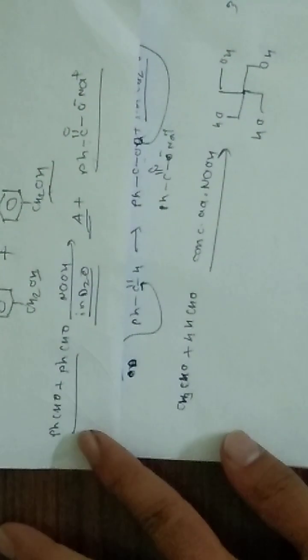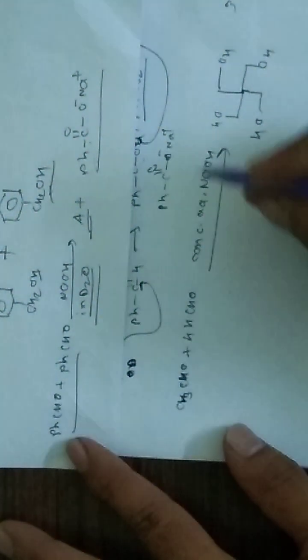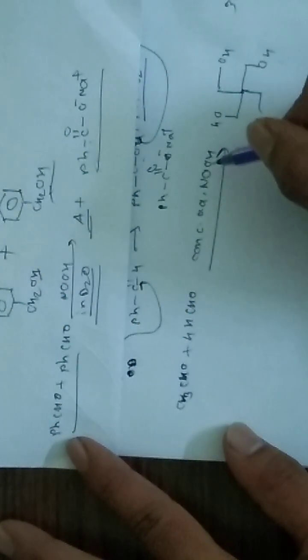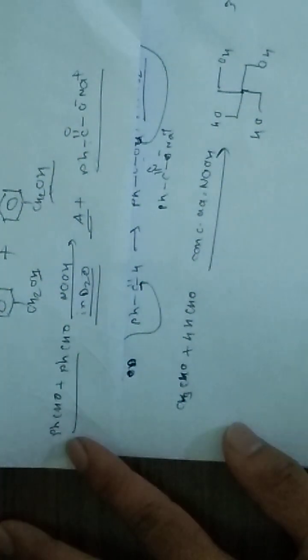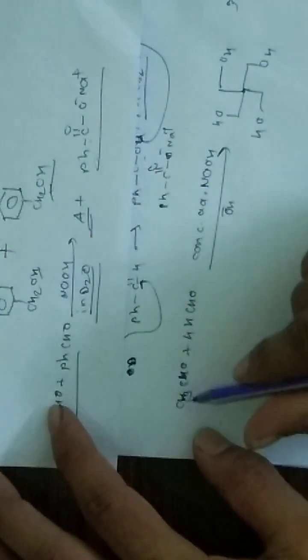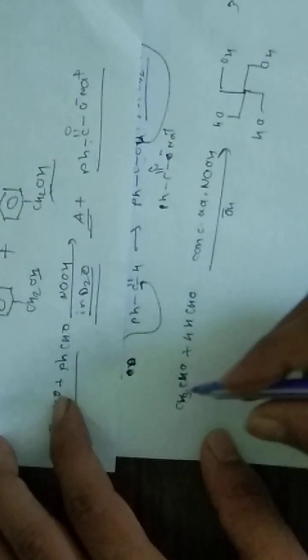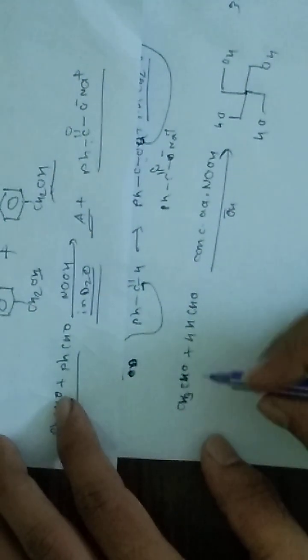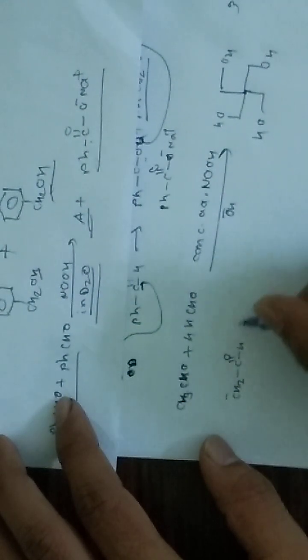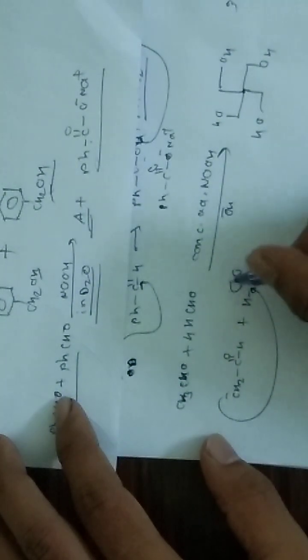But how will this product be formed? Let's make the first aldol condensation reaction. This OH minus comes from the base. It will accept a proton, the acidic proton, that is the alpha hydrogen from acetaldehyde. So what will form is CH2 minus C double bond OH. Here one molecule of formaldehyde is there, H C double bond O. This will attack here, this bond will open.